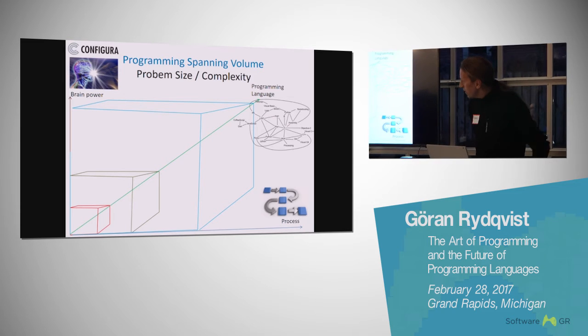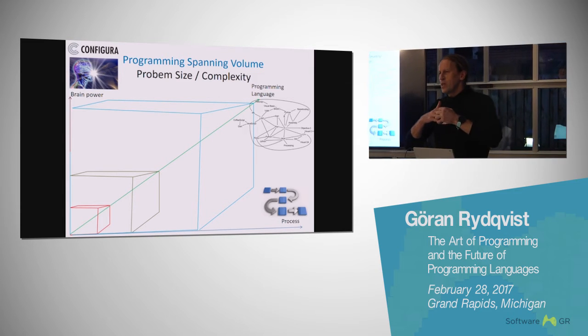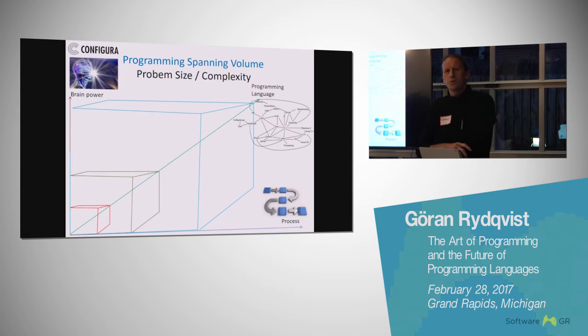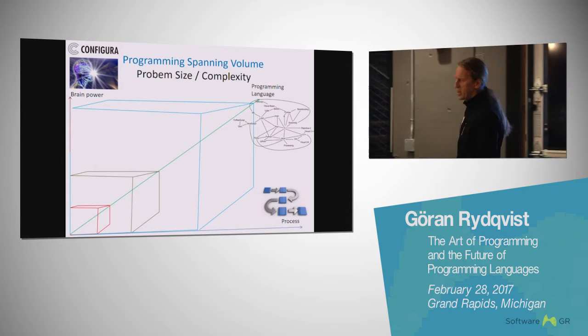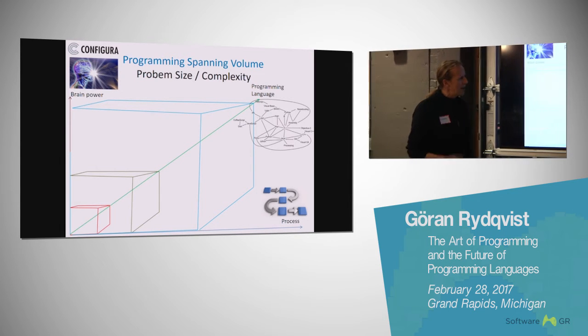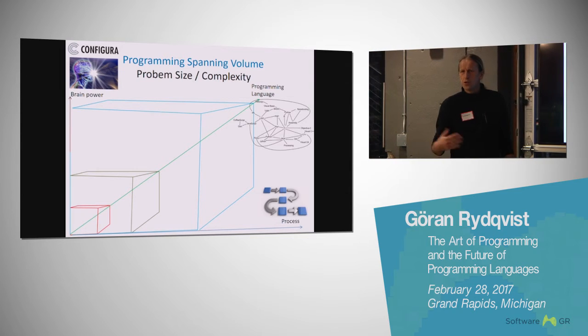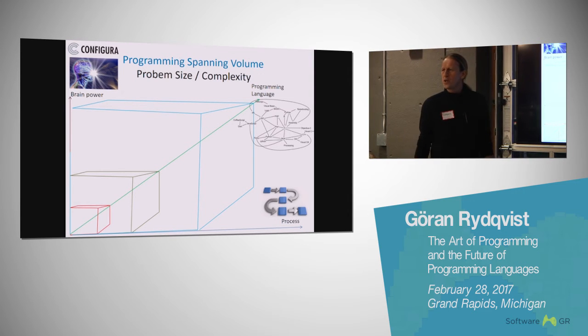So let's think about what defines what we can create with software. What is going to define the limits of what we do with software? I have boiled this down to a 3-dimensional idea. We need programmers. We don't have any machines that can do this yet. I don't believe in AI.